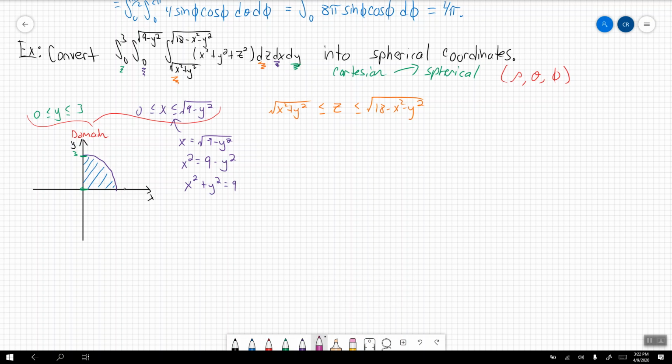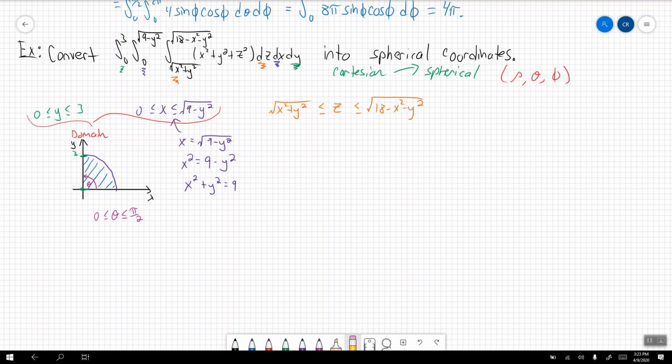Theta, again measured from the positive x-axis, is actually just traversing through here. That's theta, which means theta is being bounded by 0 over to pi halves. Nice. So 0 to pi halves, there we are. So we got theta. Theta wasn't too bad.